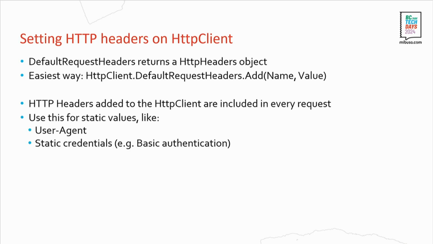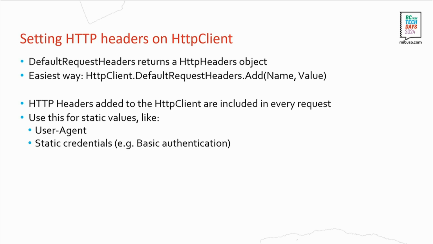So how do we set them on the HTTP client? That is the default request headers function on the HTTP client. That returns an HTTP headers object, and the easiest way to use that is just say HTTP client.defaultRequestHeaders.add name value. When you do that, the name default request headers already has it in it.